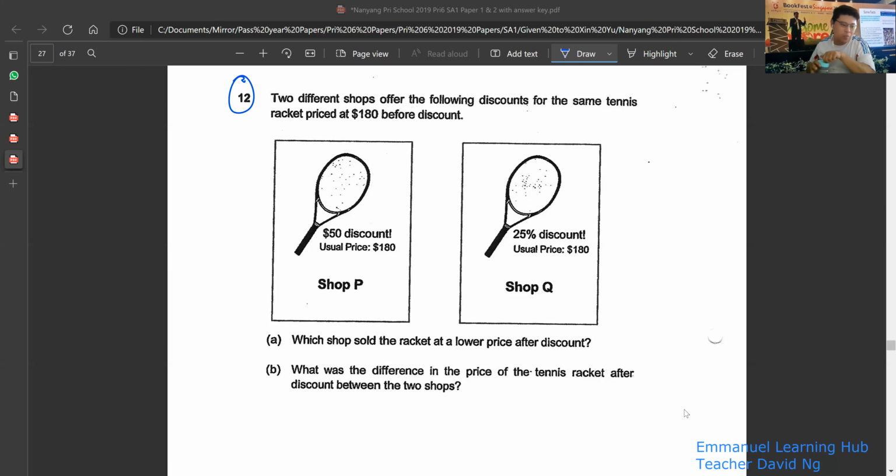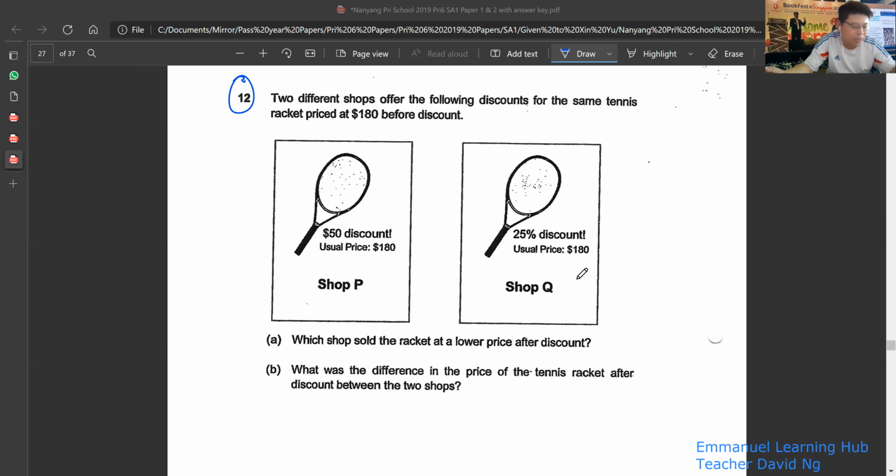Do you notice? You can do the same thing. One technique: change the percentage to fraction, then no need to worry about percentage really. Or you can work with percentage, up to you.